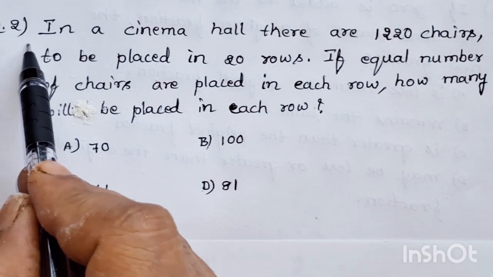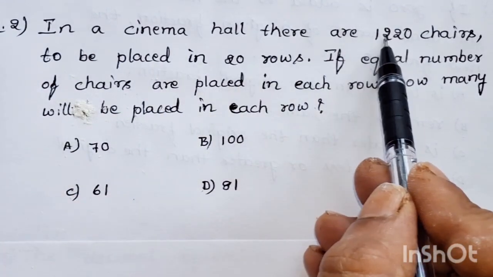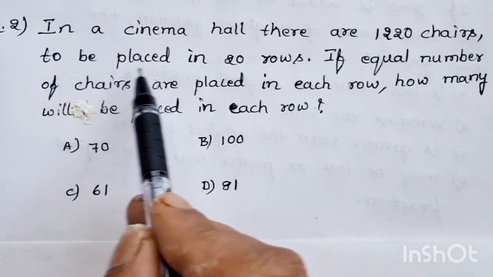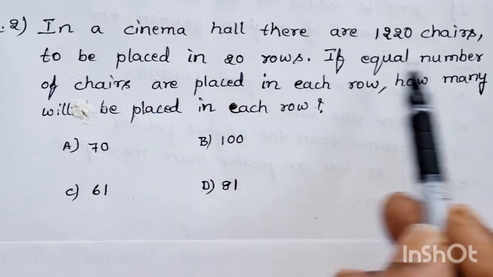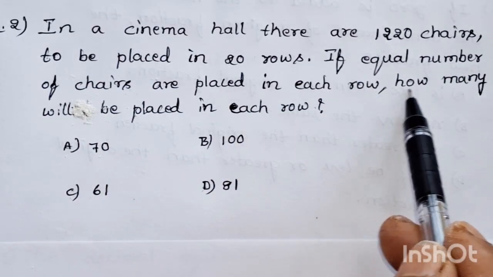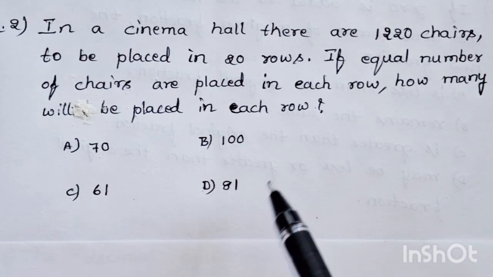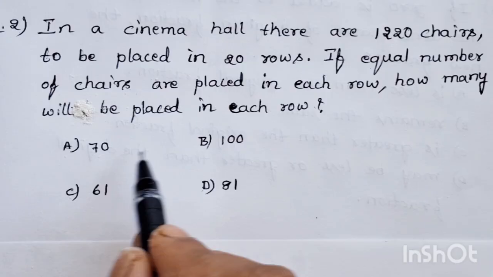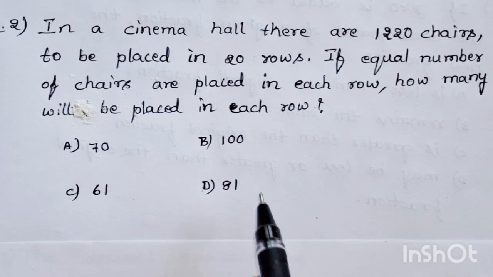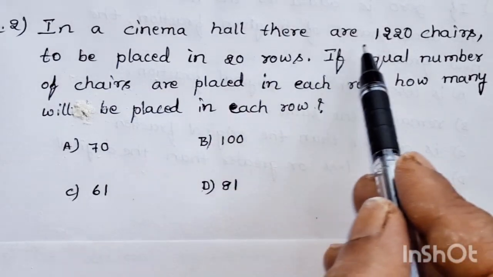Question number 2. In a cinema hall, there are 1220 chairs to be placed in 20 rows. If an equal number of chairs are placed in each row, how many will be placed in each row? Options: 70, 100, 61 and 81. Let's see now.